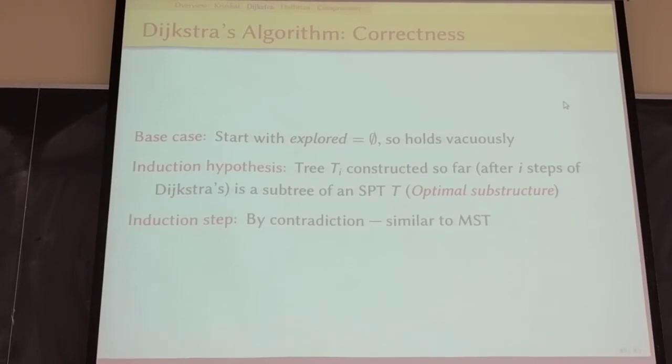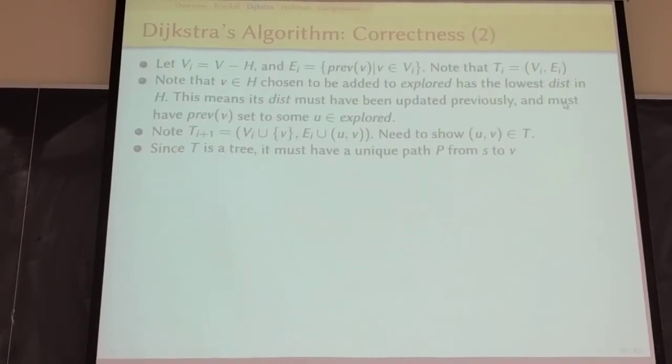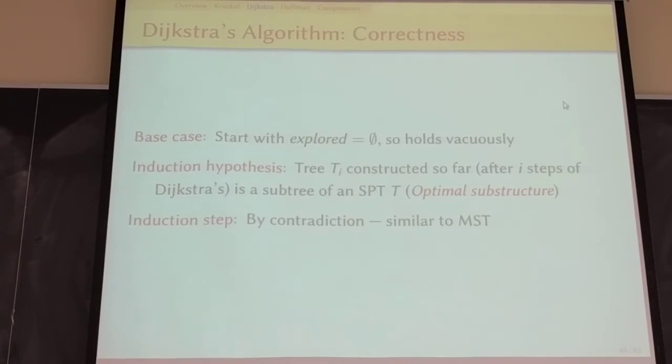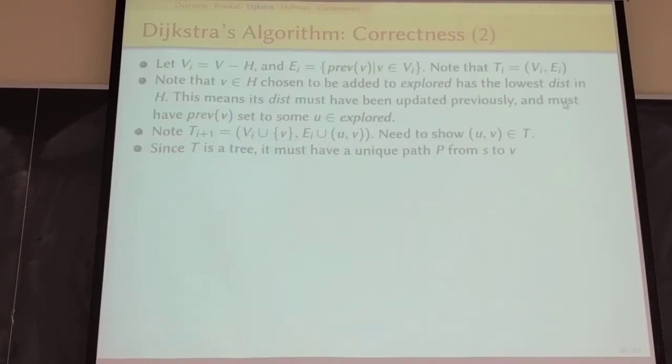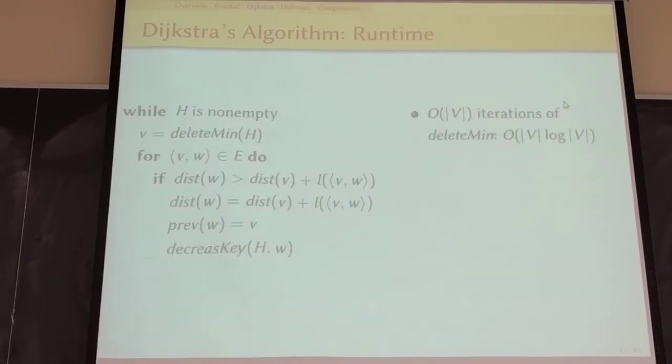Well, now, okay, maybe we should look at the runtime, right? Correctness uses the same switching type of argument. I'm not going to go through it, okay?